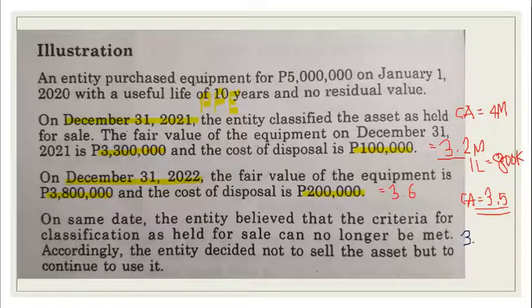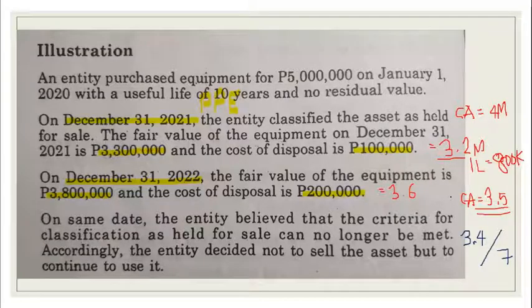So, for the depreciation for the subsequent year, which is 2023, that's already 3.4 divided by the remaining years, in this case 7. That gives your annual depreciation for the subsequent years.